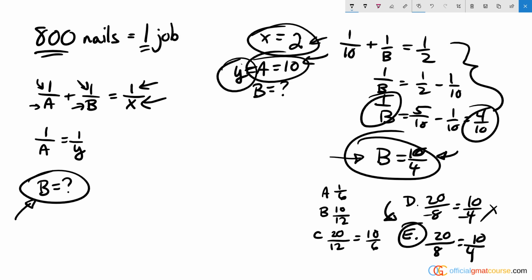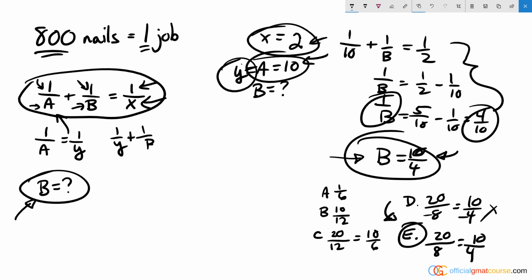Now we could also do this through algebra. If I take this original formula and I replace 1 over A with 1 over Y, I get 1 over Y plus 1 over B equals 1 over X. Subtract 1 over Y from both sides: 1 over X minus 1 over Y. Now the common base is going to be XY.